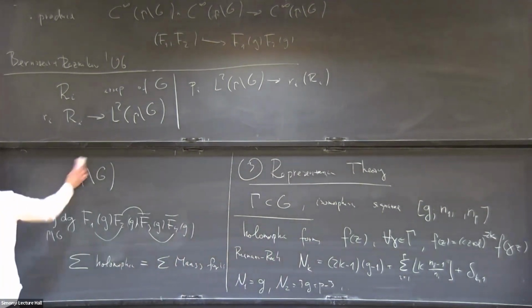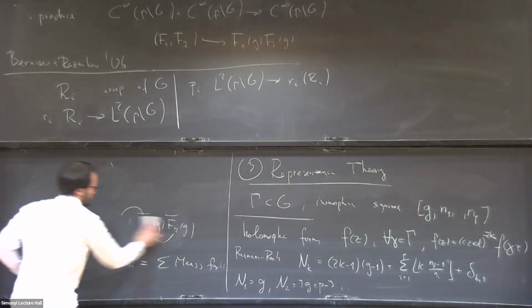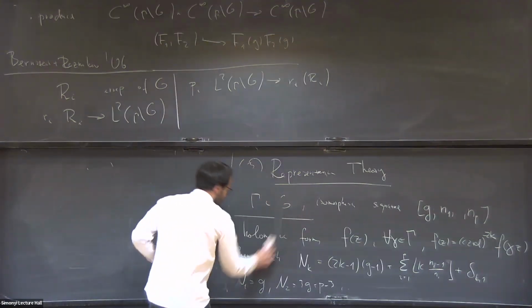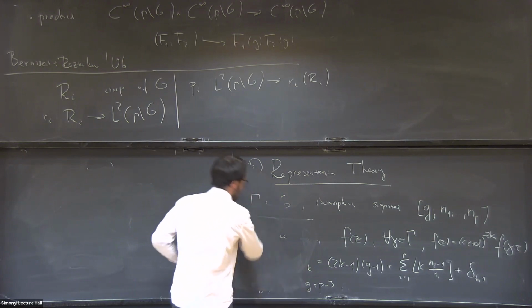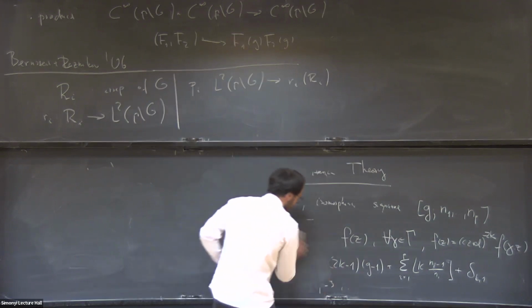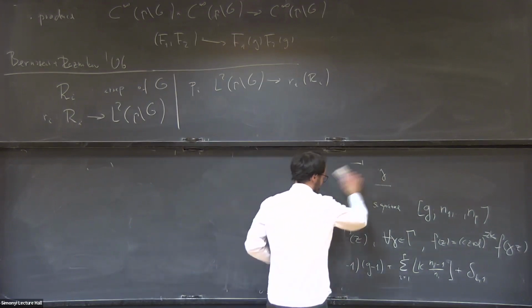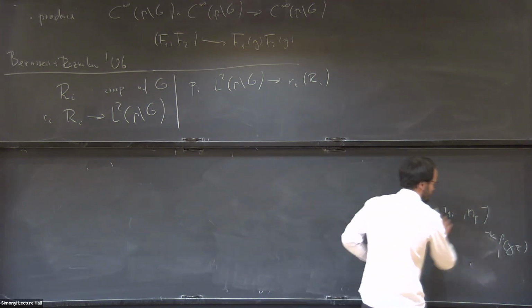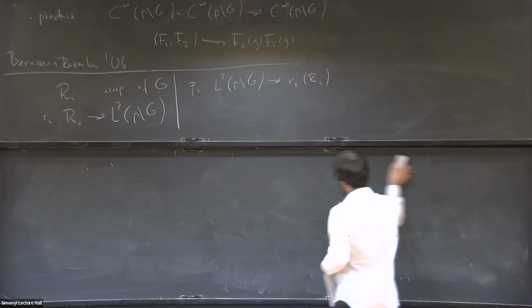And so the point that I want to get across is that the G invariance means that this product structure can be captured by some discrete set of data. And the discrete set of data are the triple product integrals of elements of these arrays.